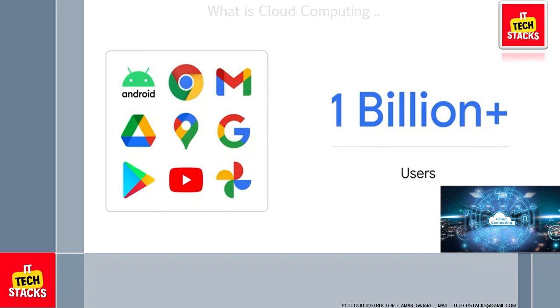We always prefer Google Maps navigation, and the Google search engine to search content. We use Play Store to search, download, and install apps. We use YouTube, the most commonly used streaming app, where we watch all our day-to-day videos, and Google Photos to store our pictures on the internet.